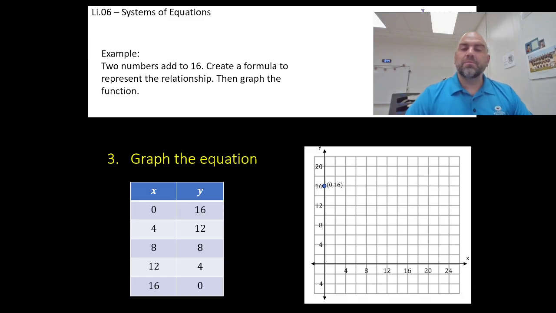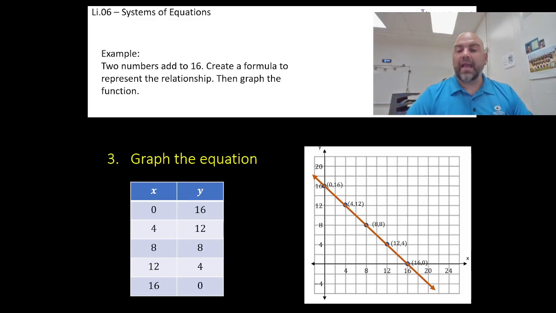If we take these and we plot them on the graph, and they look a little bit like this as they show up, you'll notice that they follow a really nice straight line, which we can put through there. Now this line also represents that every single point in between there is going to work. So it goes through 14 and 2. Yeah, that works as well. It goes through 4.75 and 11.25. Yeah, that one works as well, right? There's a decimal in there.